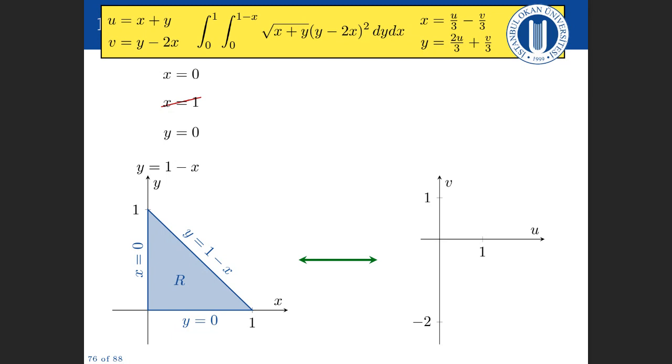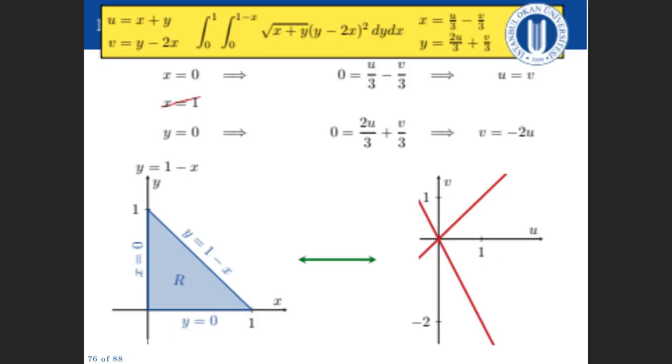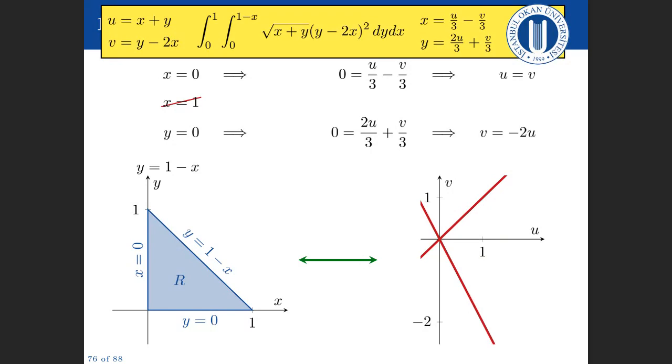These 3 we need to change into terms of u and v. The first one, x is equal to 0. That means 0 is equal to u over 3 minus v over 3, which implies that u is equal to v. Next, y equal to 0. That means 0 is 2u over 3 plus v over 3, which implies that v is equal to minus 2u.